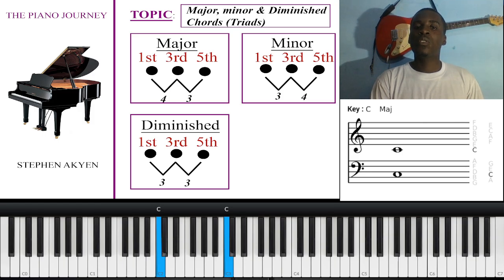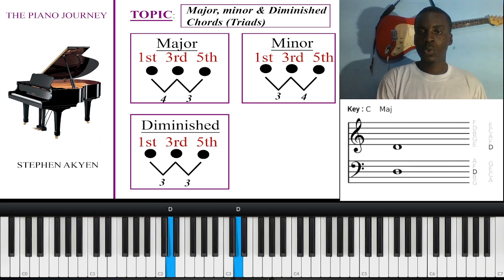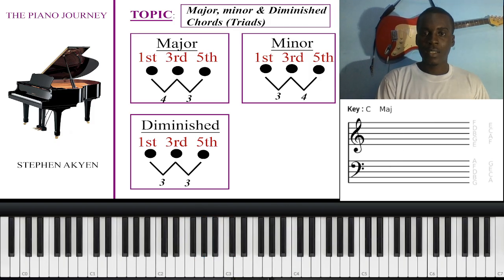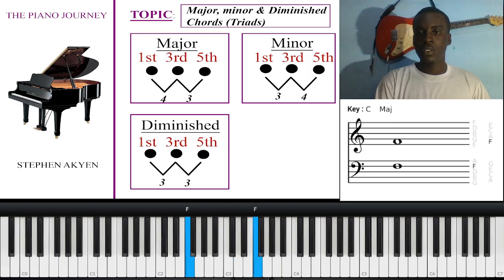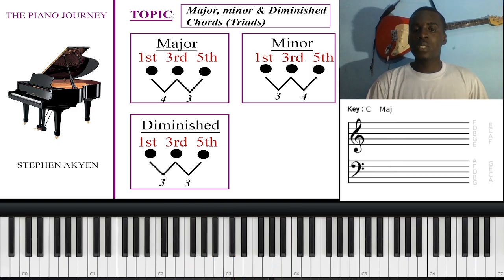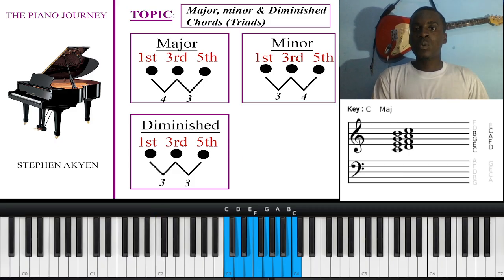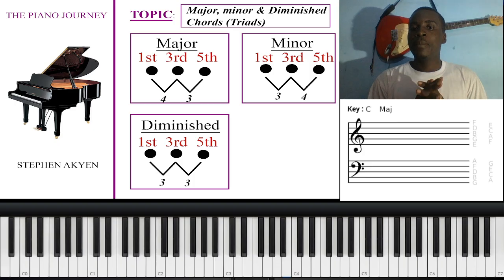And so when we talk of a major chord, taking into consideration the major scale of C, which is 1, 2, 3, 4, 5, 6, 7. Do, re, mi, fa, sol, la, ti, do. This is the major scale of C. So we have been giving them numbers.